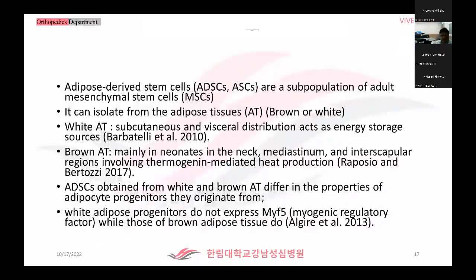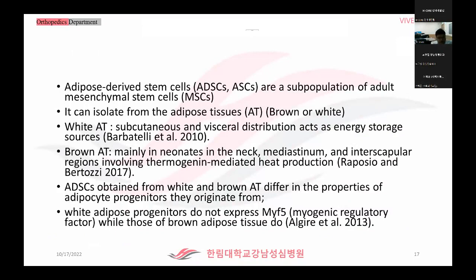So adipose-derived stem cells are a subpopulation of adult mesenchymal stem cells, and they can be isolated from adipose tissue. It doesn't matter; you can isolate from brown adipose as well as white adipose. However, the properties of adipose-derived stem cells from brown and white are a little different.